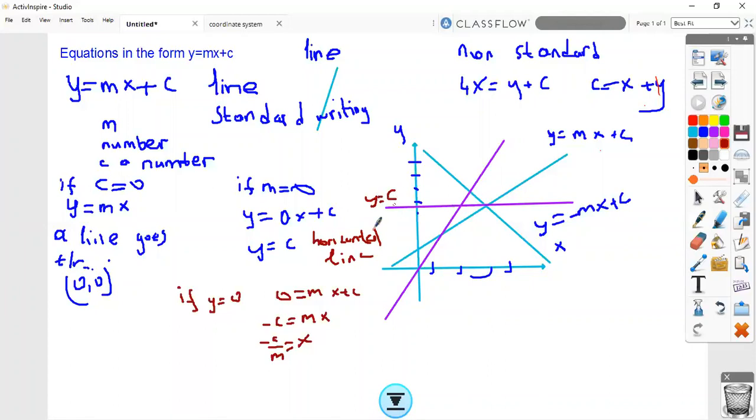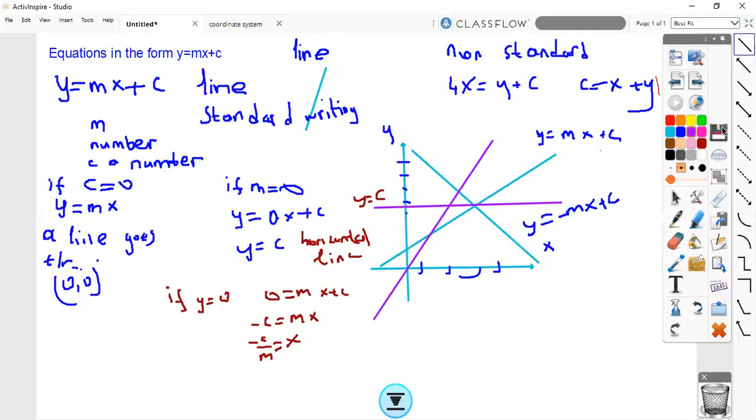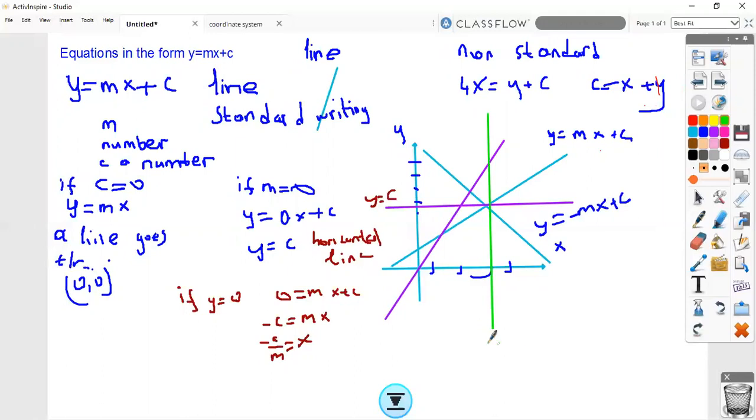Sorry. Now this will be a vertical line.